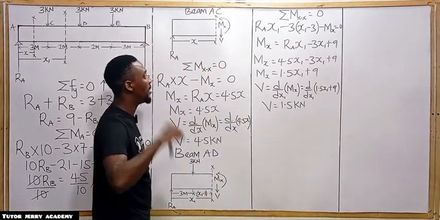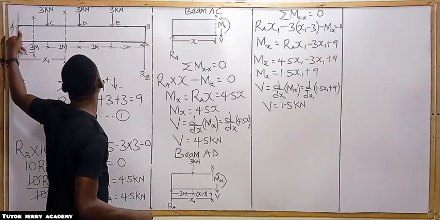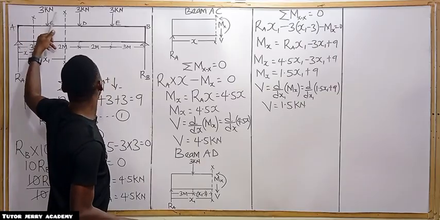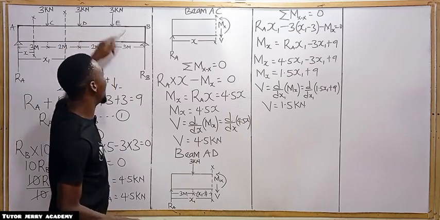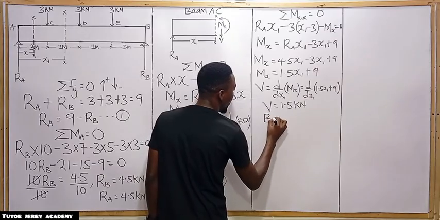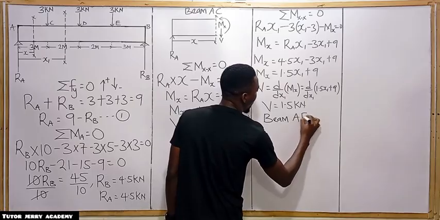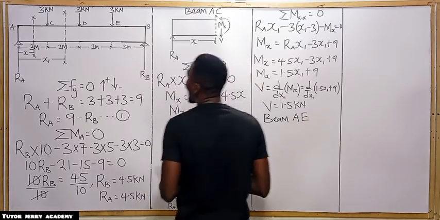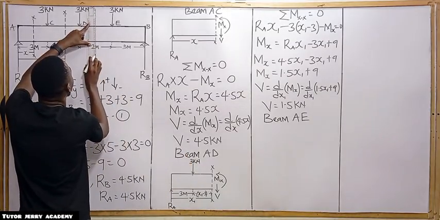All right, so now the next thing we are going to consider is beam AE. We have considered AC, we have considered AD, so we are going to consider AE now. We are going to section this part.